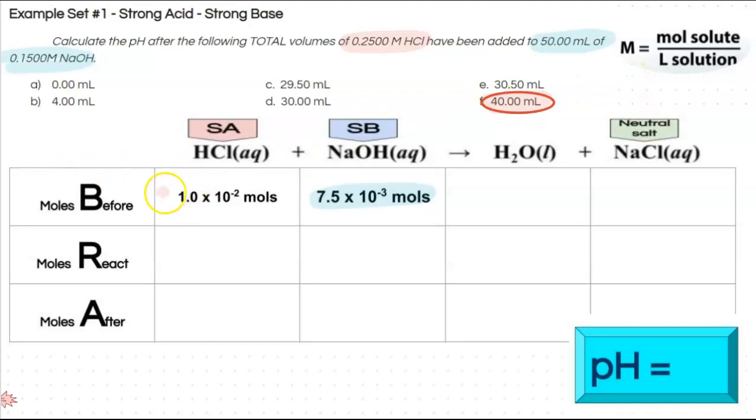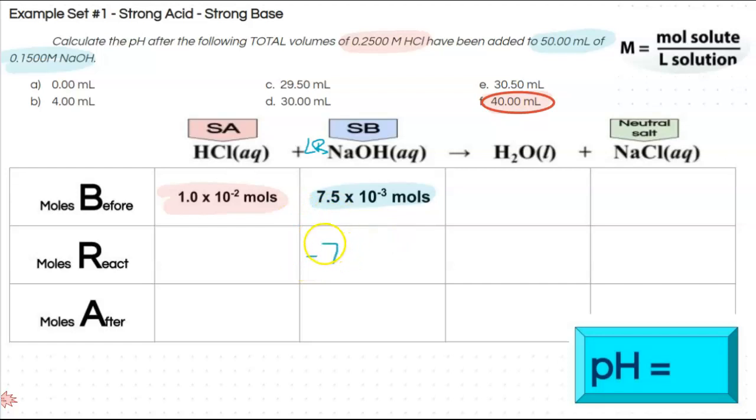I find that I have 1 times 10 to the negative 2 moles of my hydrochloric acid. When I look at the values and understanding that I have a 1-to-1 ratio, I have significantly less base, so it is still going to be the limiting reactant, which means I'm going to use all of it up.